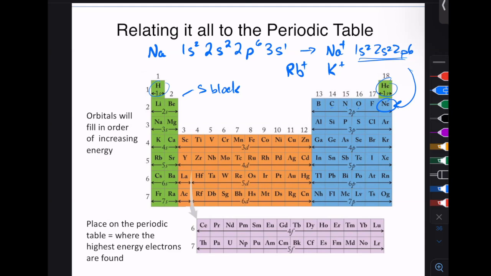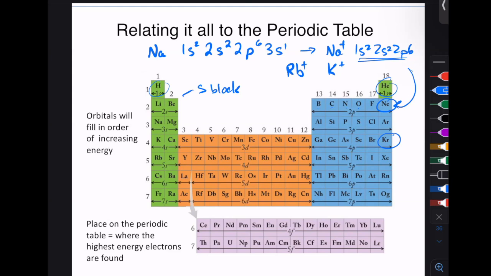When you're trying to find the nearest noble gas, it might be backwards from the element you're looking at, when deciding whether it will gain or lose electrons. But you already know this trend from chapter 2. The metals are going to lose electrons to become positively charged cations. Everything on the left-hand side here, whether it's in the s block or the transition metals, is going to lose electrons.